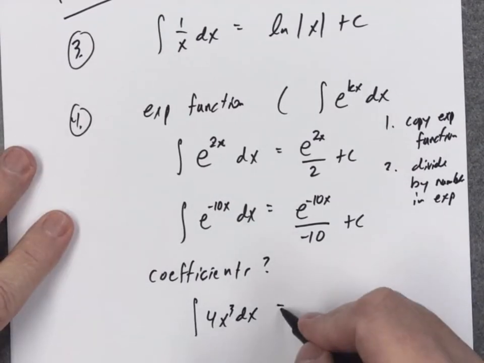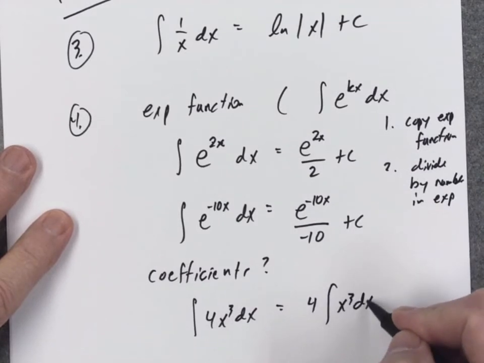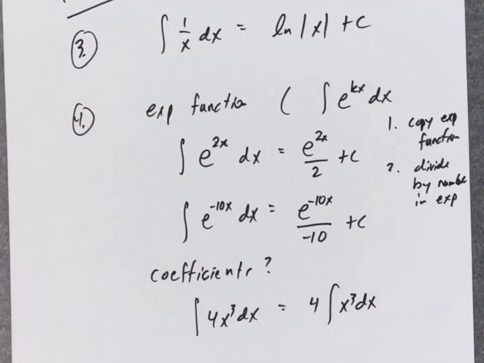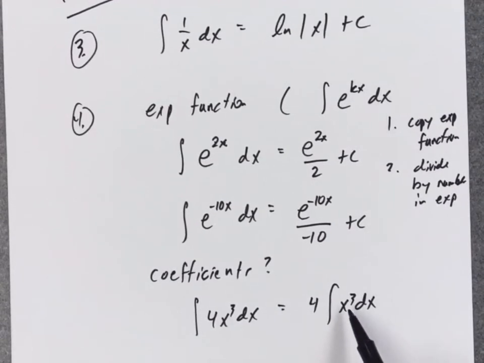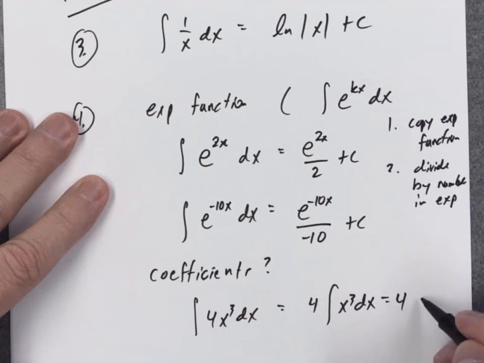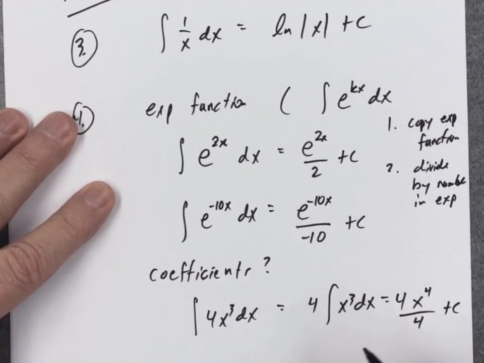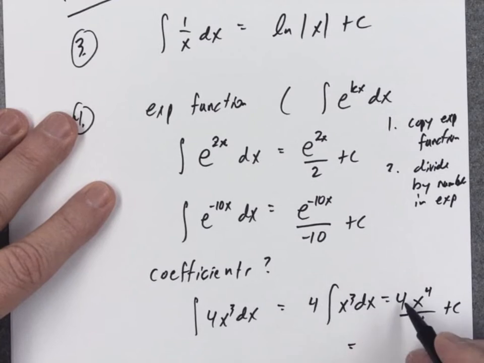Matter of fact, sometimes if you want to, you can actually move the number outside the integral, and now the problem really becomes, what's the integral of x cubed? Power rule, add 1 to your exponent, divide by the new exponent. So this 4 tags along, so it's still here, so those cancel out.